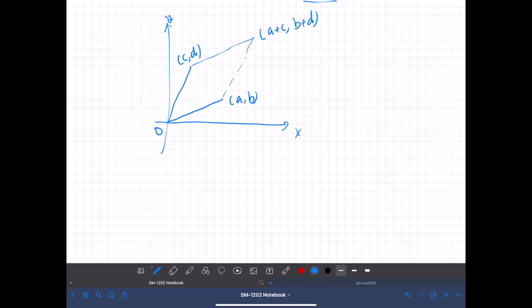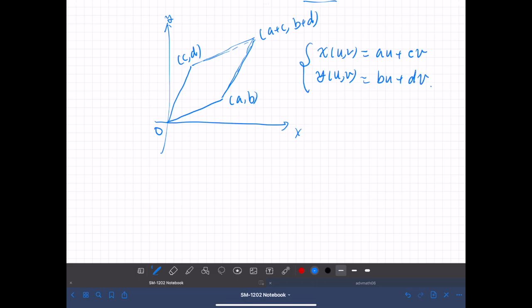So if we have a parallelogram like this, then we can make a transformation like x(u,v) equals au plus cv and y(u,v) equals bu plus dv.